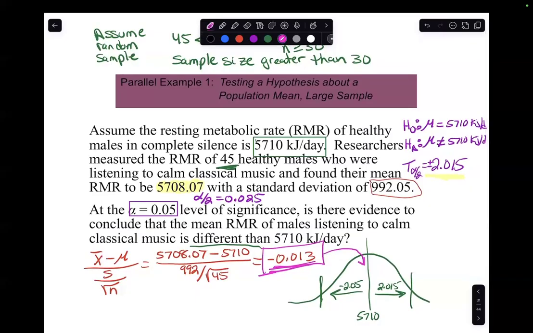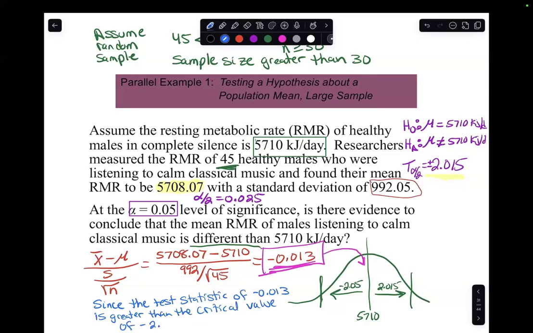Once again, I don't have a whole lot of room, so I'm going to do the best I can. Since the test statistic of negative 0.013 is greater than the critical value of negative 2.015, we fail to reject.